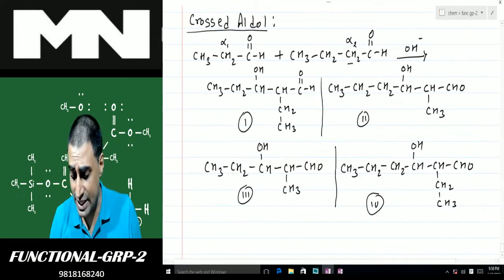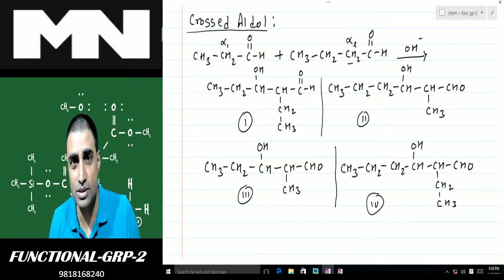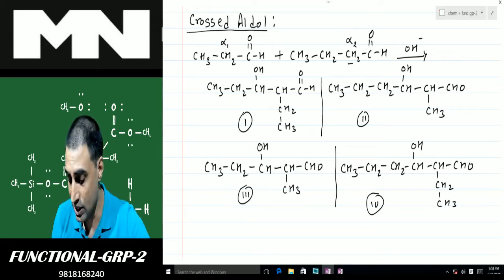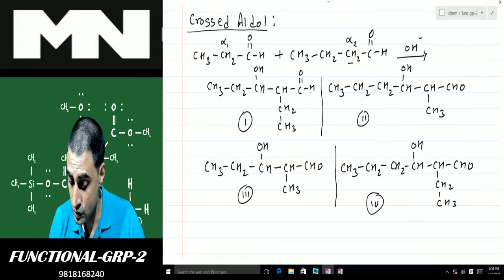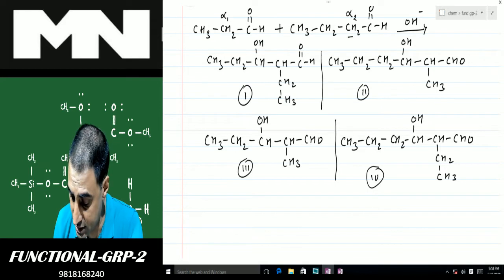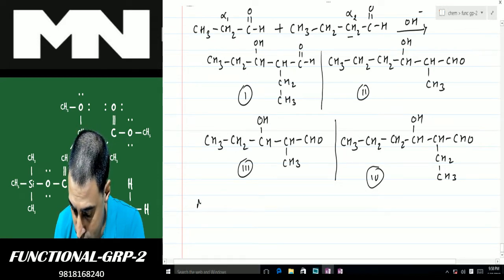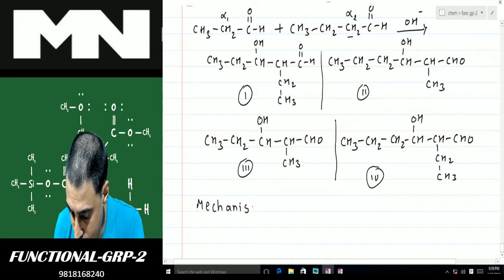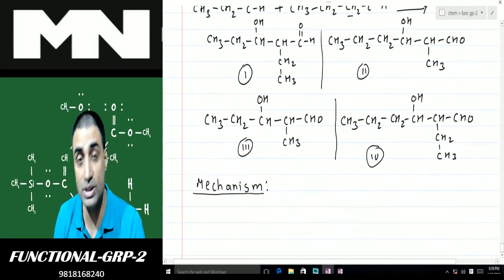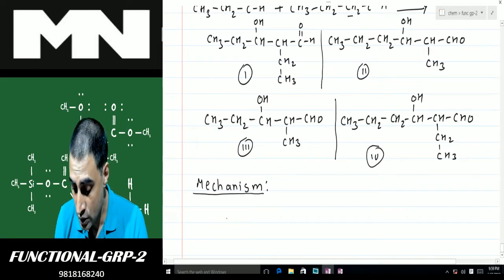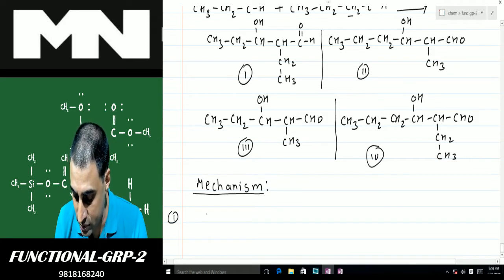Although it is not there in your syllabus, I'll tell you the mechanism because that makes it easier to understand this reaction. So we'll see how this reaction occurs. And I'm telling you the mechanism by taking an example of acetaldehyde, that is CH3CHO. So in the first step, what will happen?